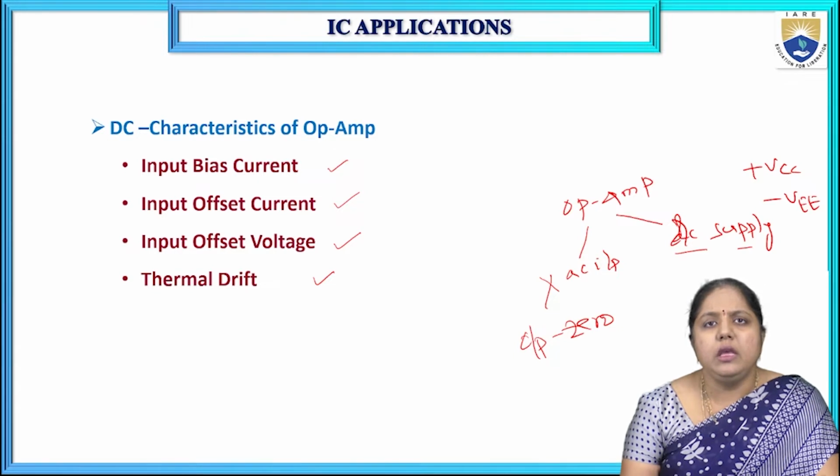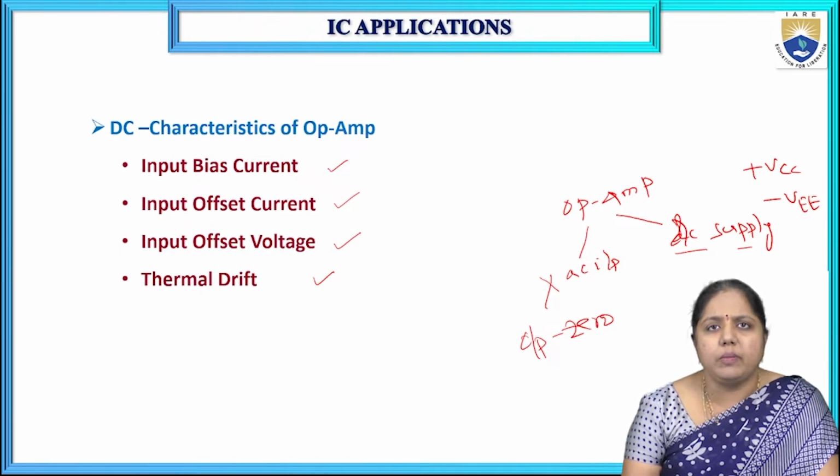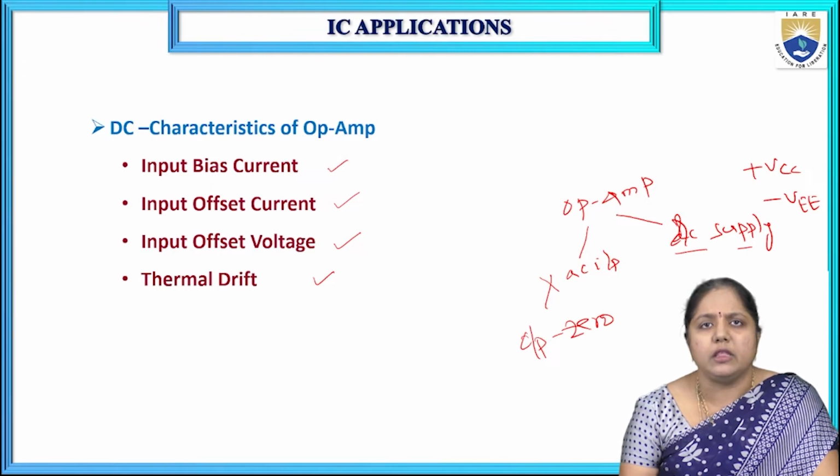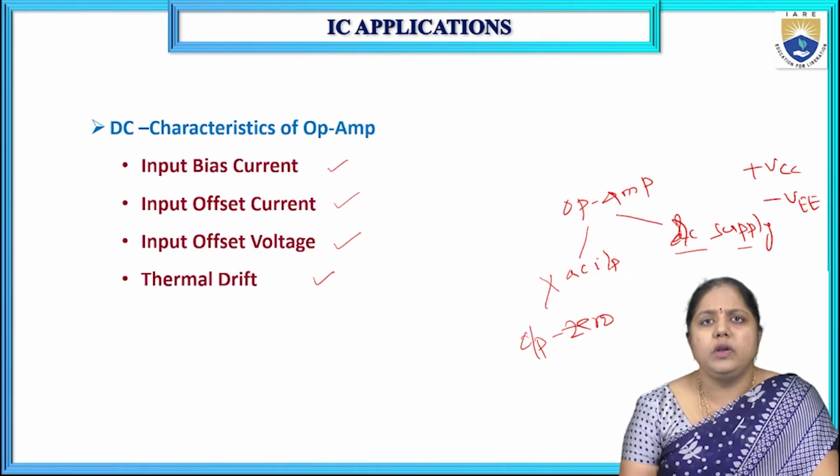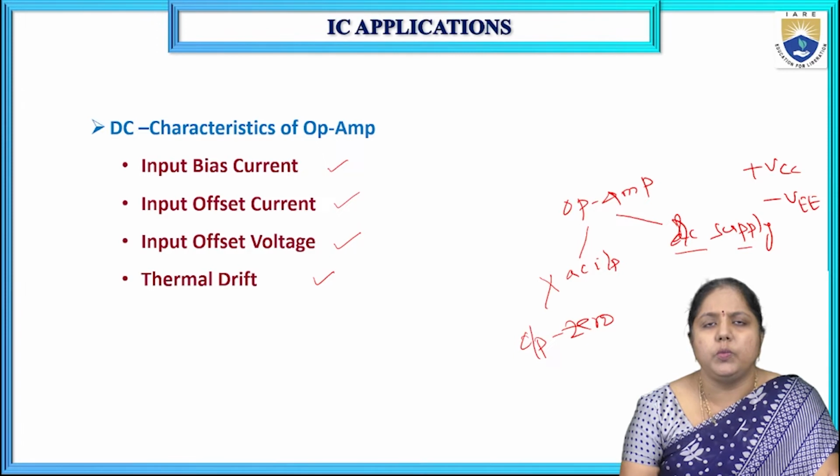Erroneous voltage means that without giving any AC input signal to the operational amplifier, based on the DC supply voltage value, I am getting a certain amount of output voltage. That output voltage is called the erroneous output voltage.